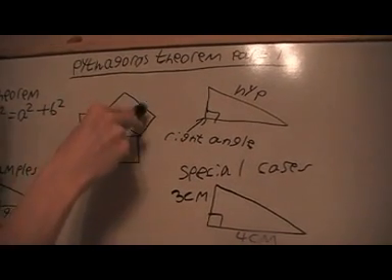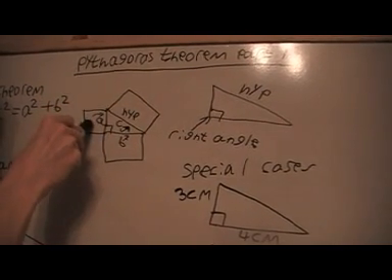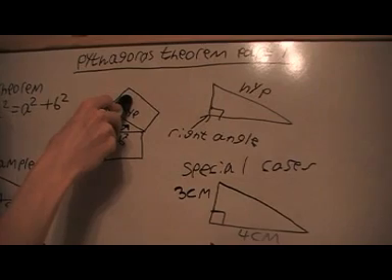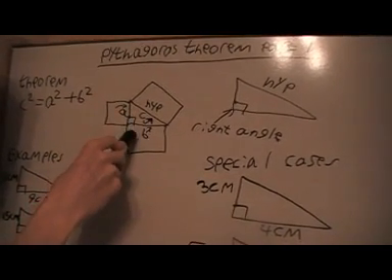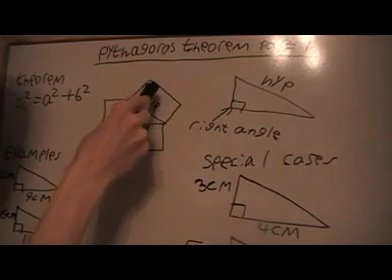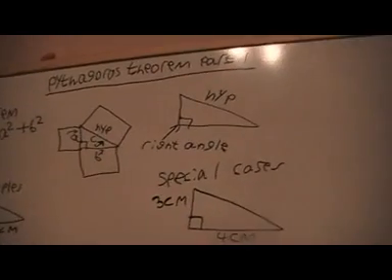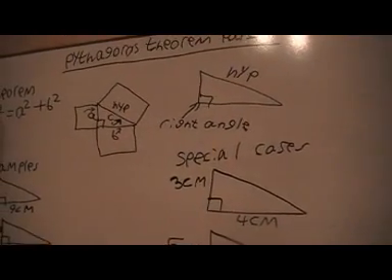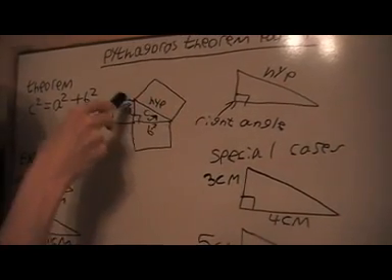So if we put a square on here, the sum of these two squares is equal to this square here. The area of this square plus the area of that square equals the area of this square on the hypotenuse. So then what we can do is square root, and we can find this length here, c.